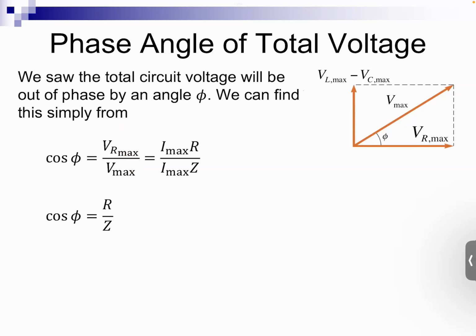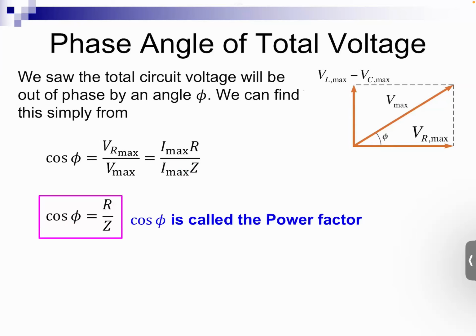In other words, V is equal to IR and Vmax is equal to IZ. So cosine phi is equal to R over Z, and we call this the power factor in the circuit. We need the power factor to find the power in our series RLC circuit.